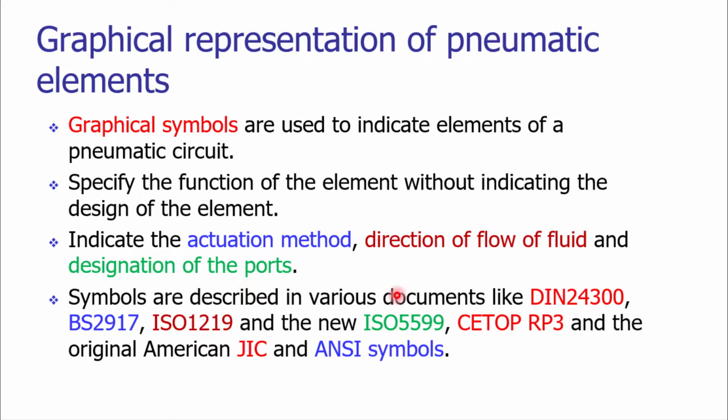We follow various available standards, such as DIN 24300, BS 2917, ISO 1219, the new ISO 5599, and many others. Industry people follow them and design the various pneumatic circuits.